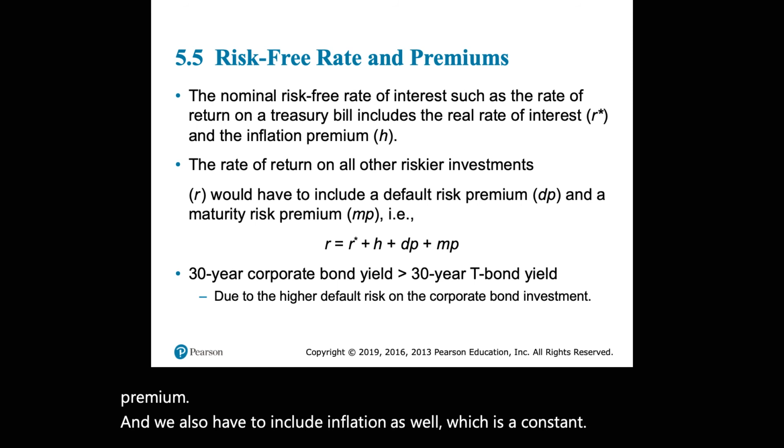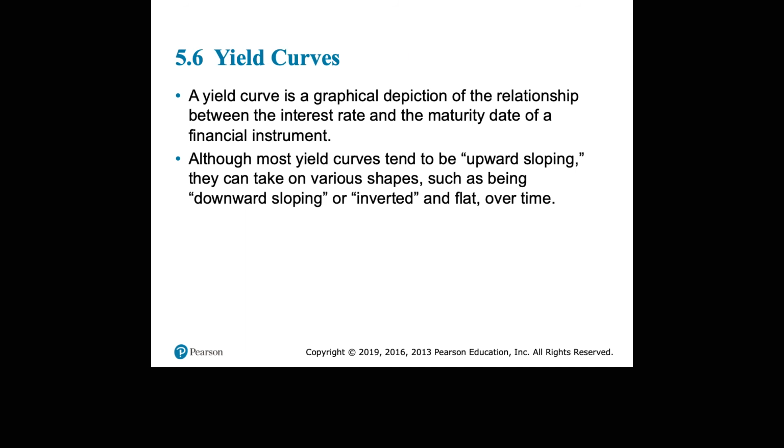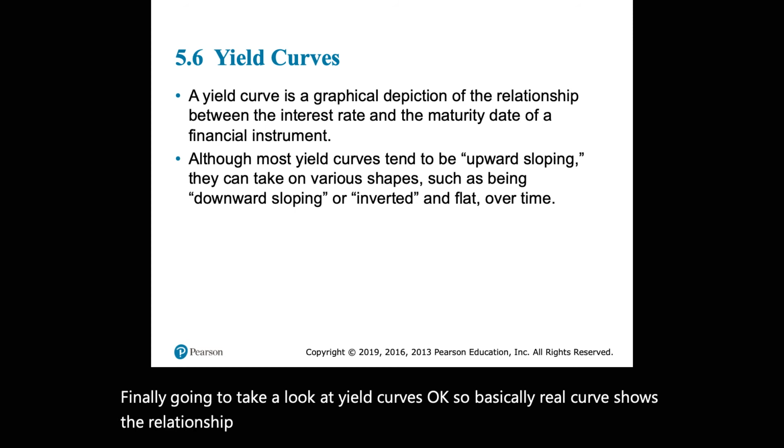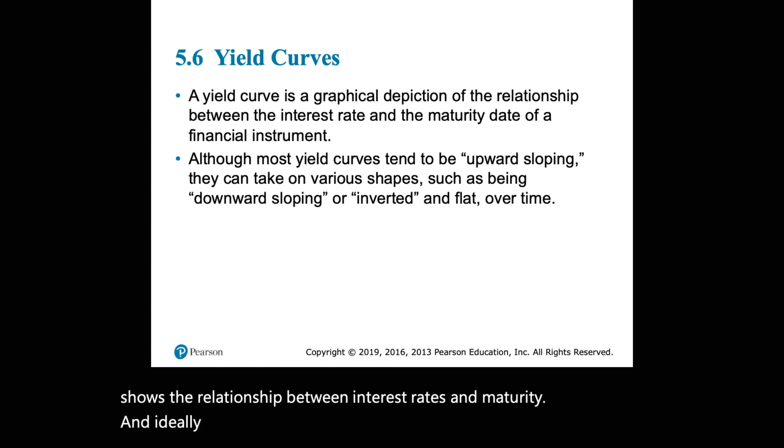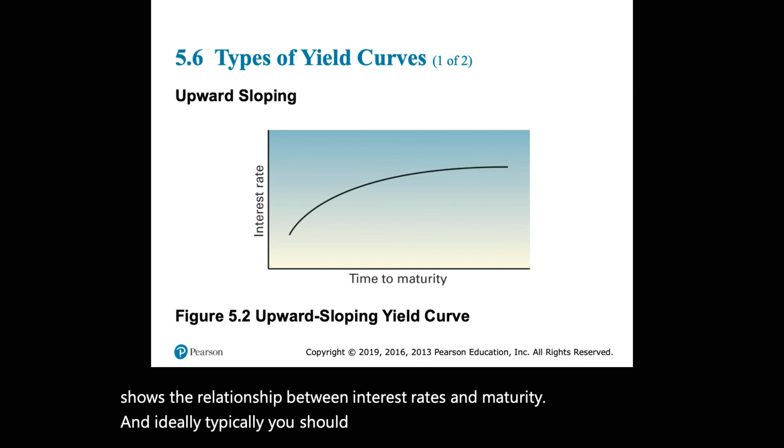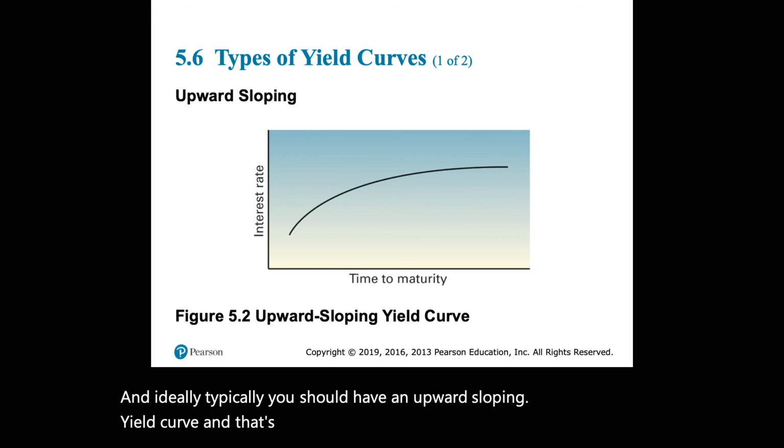Finally, we're going to take a look at yield curves. Basically, the yield curve shows the relationship between interest rates and maturity. Typically, you should have an upward sloping yield curve, and that's a good sign. That shows good economic health. If you see a flat yield curve, that means that there's uncertainty.